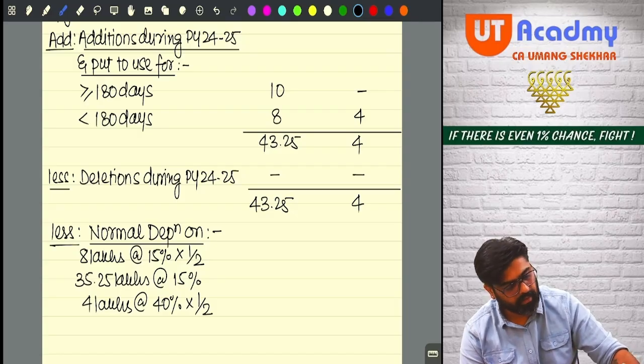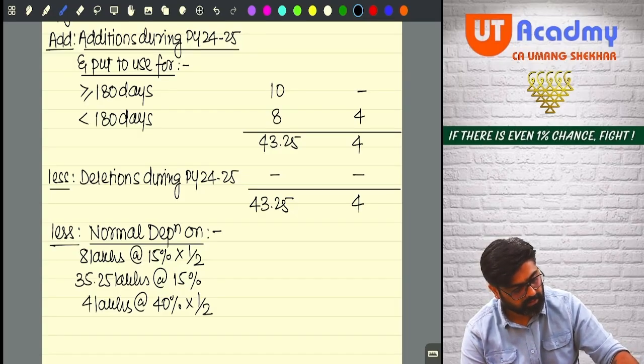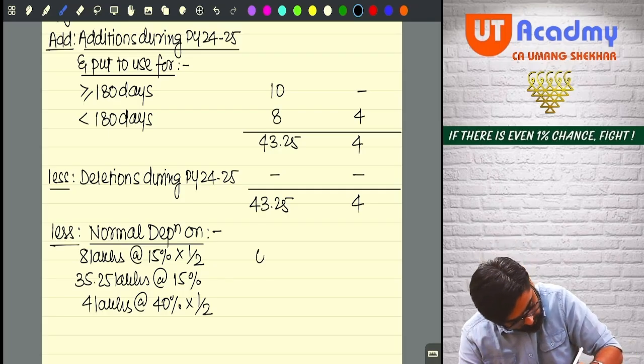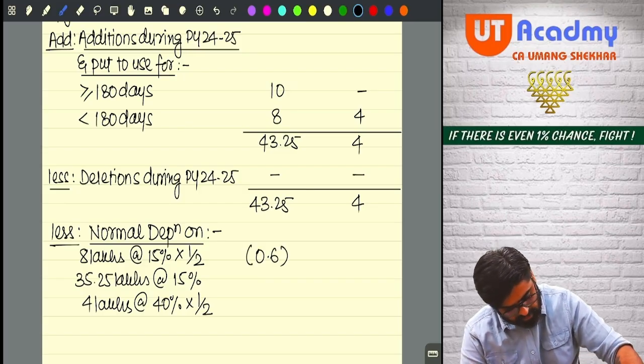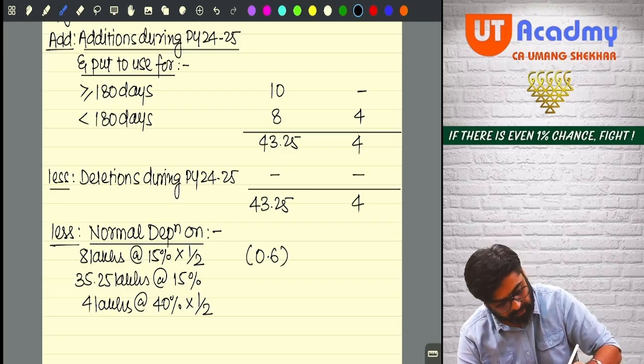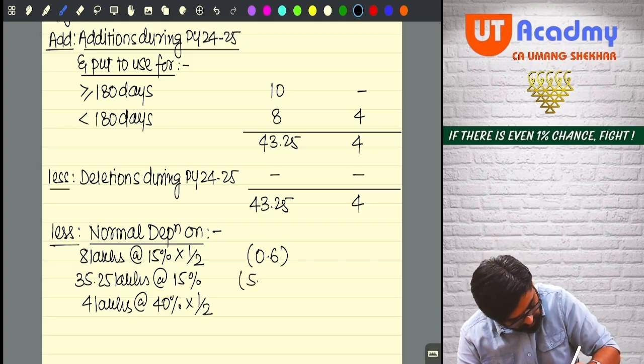So 8 into 15% divided by 2 will give me 0.6 lakhs. Here it will be 35.25 into 15%, that will be 5.2875 lakhs.